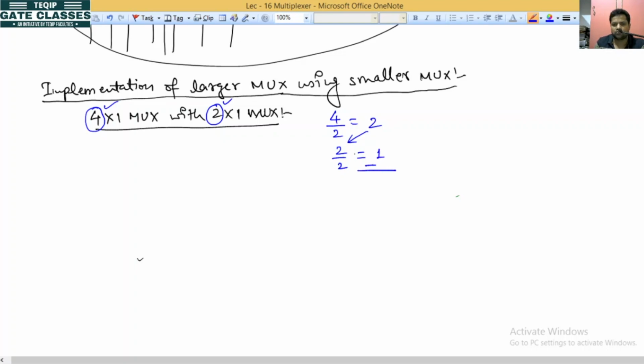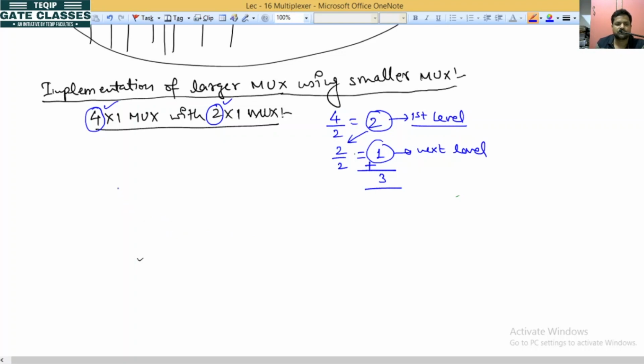So in total, 3 2x1 mux are needed to implement a 4x1 mux. Now this will tell you how many mux are required in the first level, and this will tell you the next level. Next means second level.